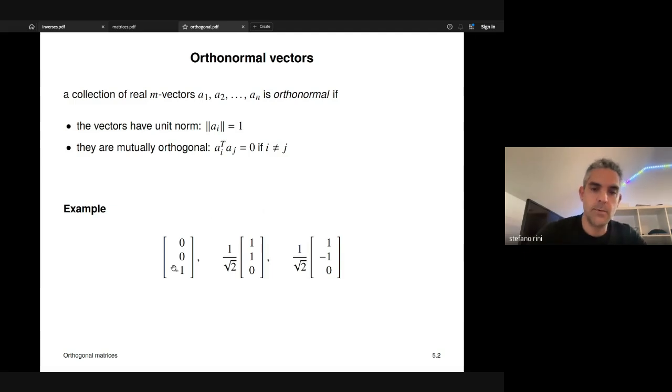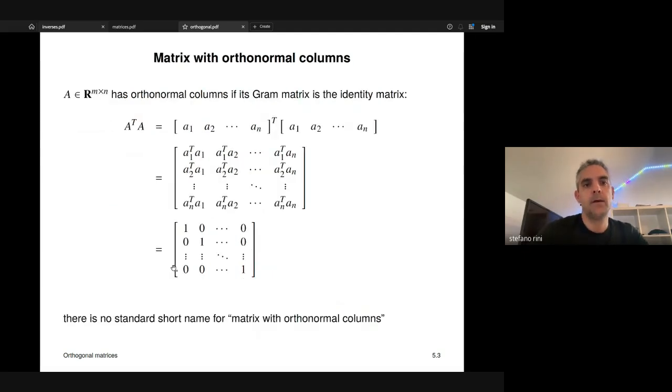Here is a nice example of orthogonal vectors. If you stack orthogonal vectors into a matrix, row-wise or column-wise, and then compute A transpose A, you will have a matrix with orthonormal columns or rows, depending on how you constructed it.